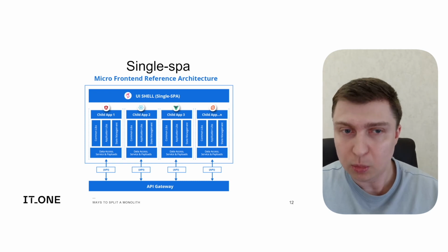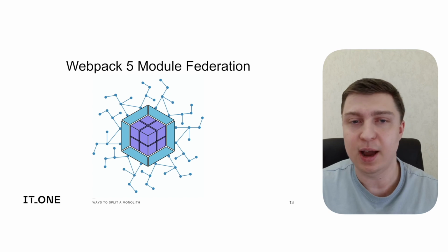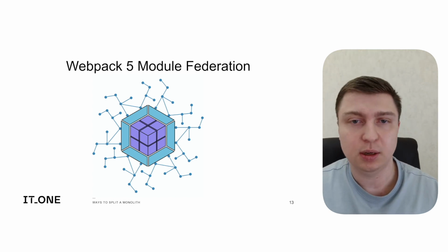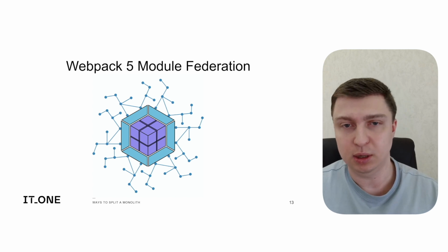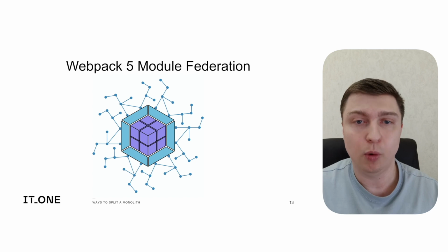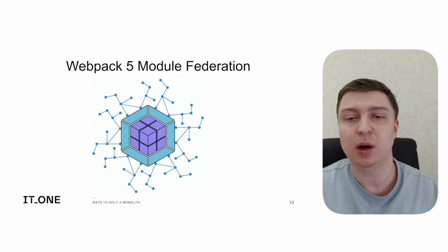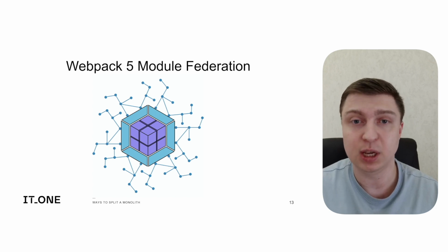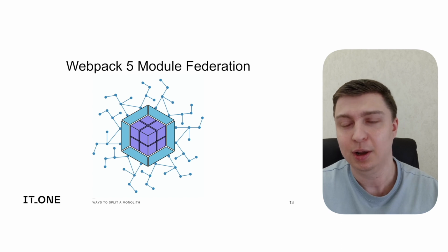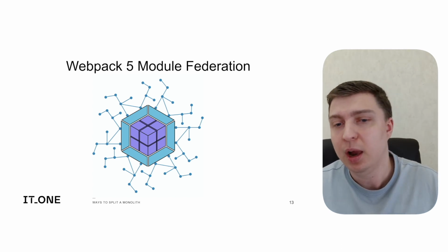And the last way to split your monolith is using Webpack 5 module federation. This method has its own peculiarities, and the main important one is that you can only use it with Webpack 5. For example, if you use just Webpack 4, you cannot use the module federation plugin.